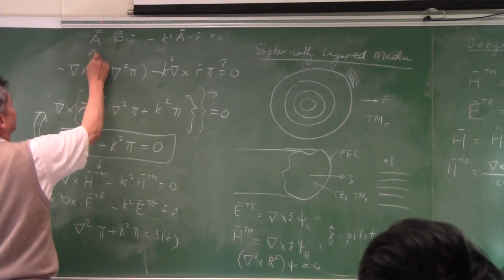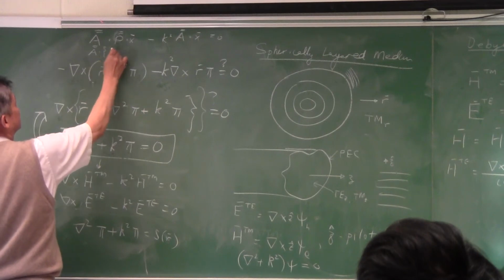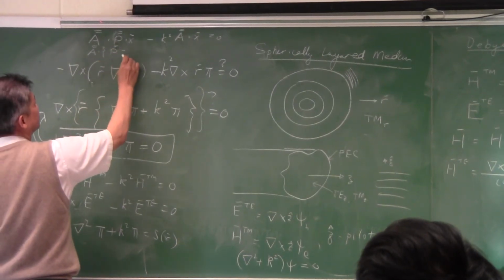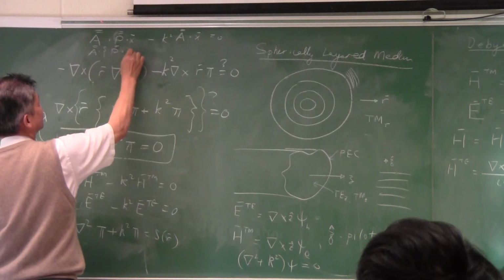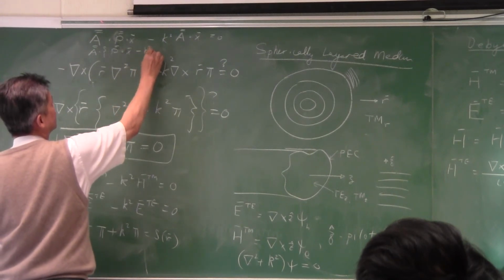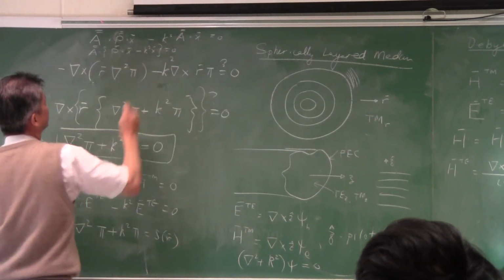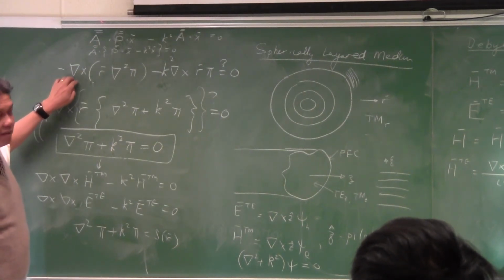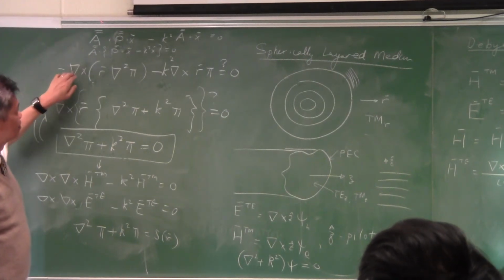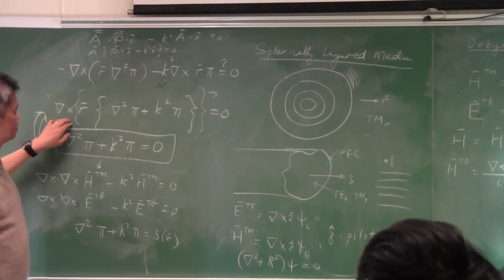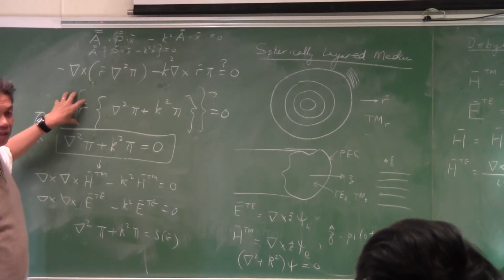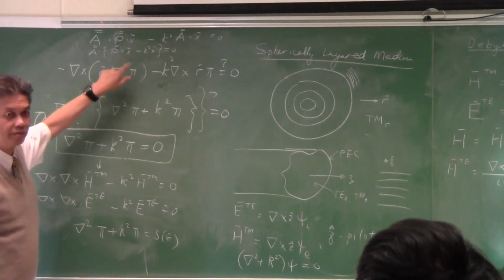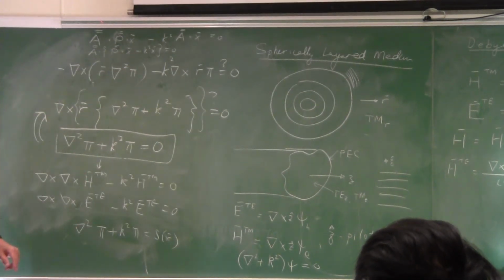I can definitely write this as the operator times B times X minus k squared X is equal to 0. I'm just going from here to here. This is the same thing. Think of these operators as the same as matrix operators. I just take the operator outside, and this operator now acts on both terms. So I didn't leave out anything. Any other questions?